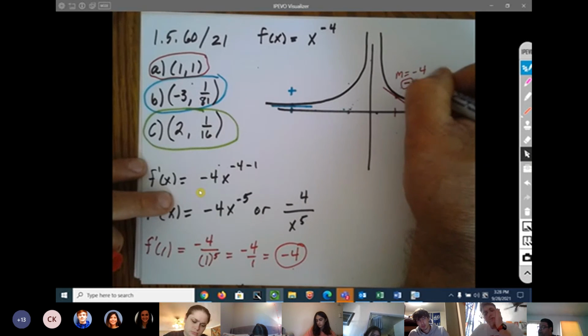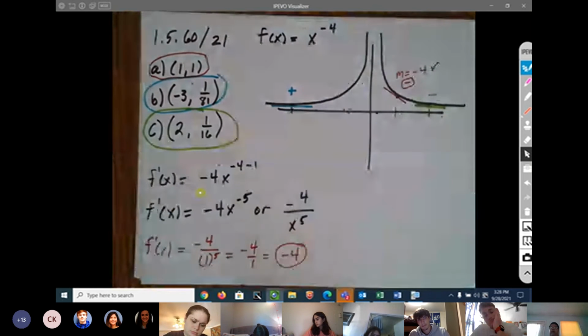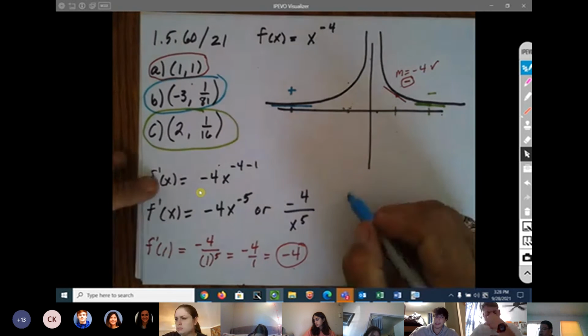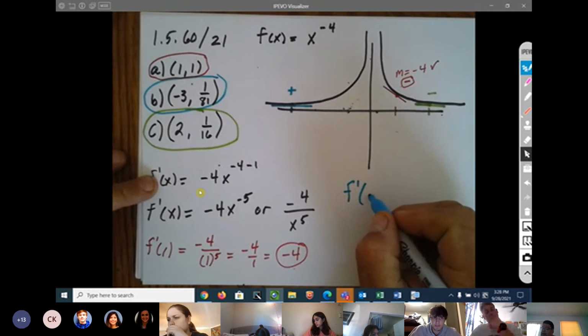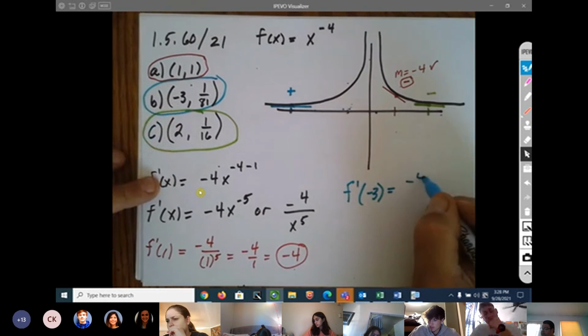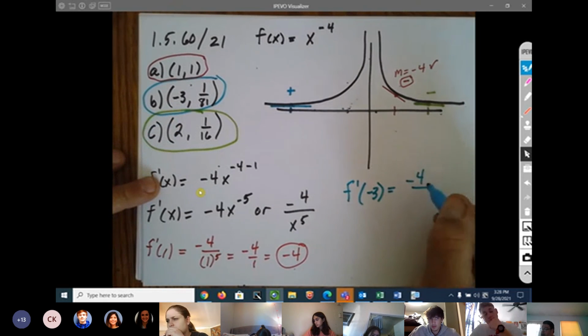And it is negative, so we thought it would be negative. Let's go with the blue. F prime of -3 is equal to -4 over -3 raised to the 5th power.